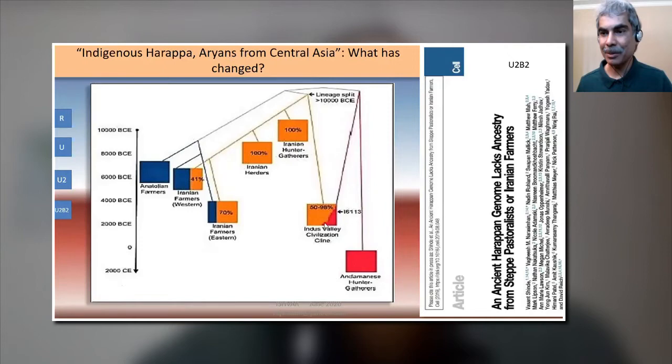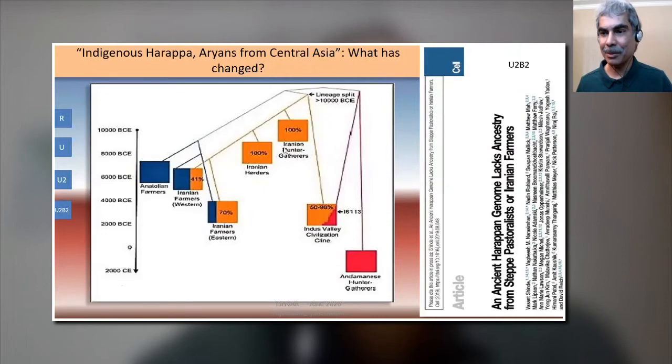so basically their conclusion is that the people that we see in India are a mix of the Indus Valley clan, who also have a component of the Andamanese hunter-gatherer. And if you want to see relation between these people and Anatolians, you must go back before 10,000 BCE when there's a common ancestor.